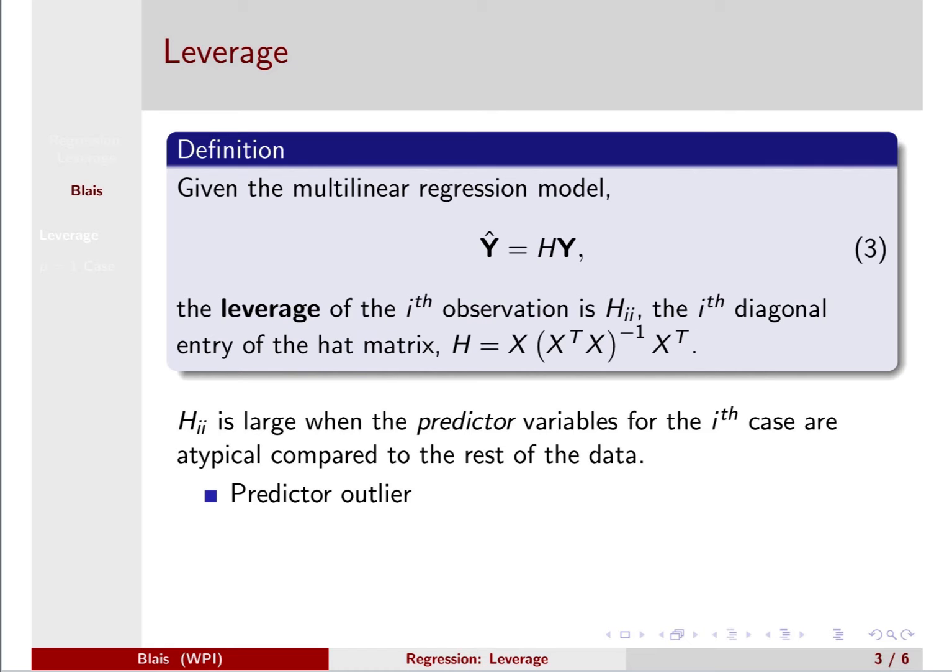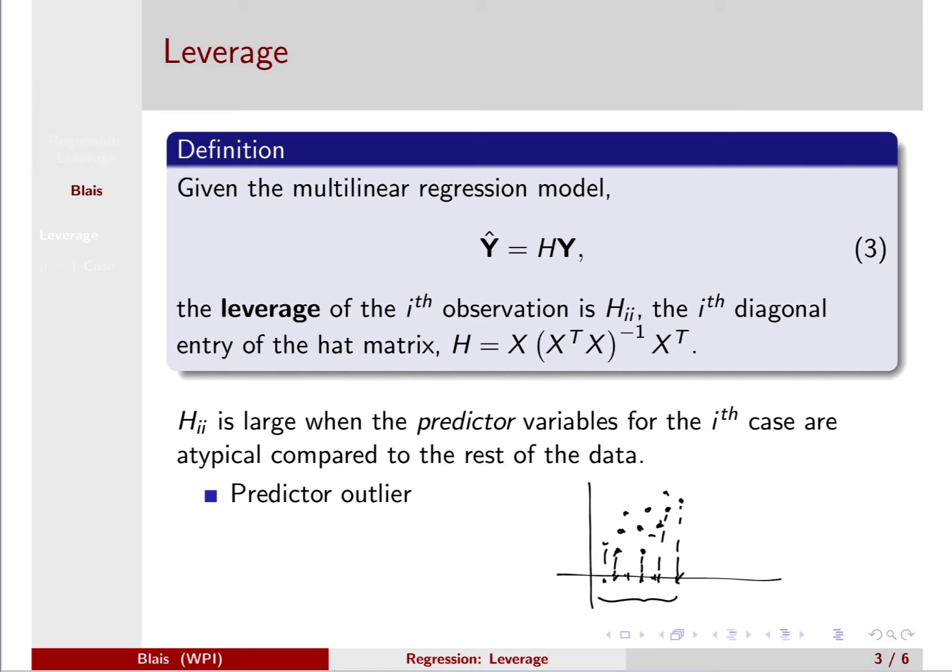If you think about this in the case of a univariate regression, if you have a bunch of points like this, say kind of clustered together, and then you look at all the x values for these, all the predictor values, we see that they're clustered together here.